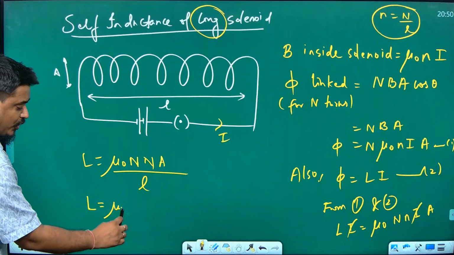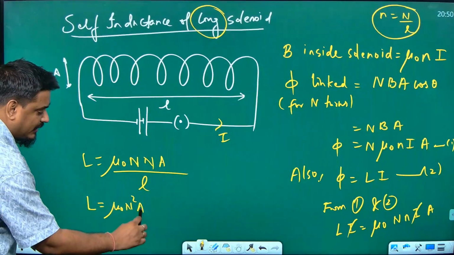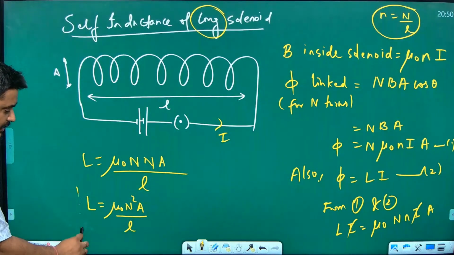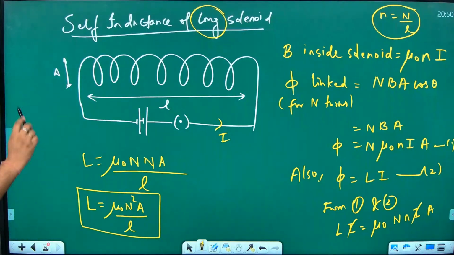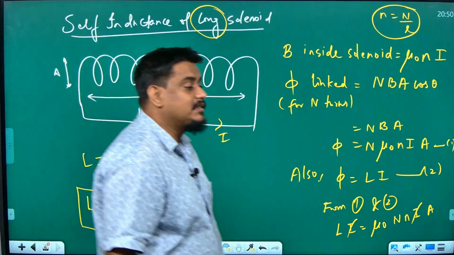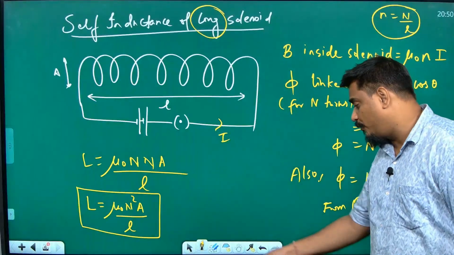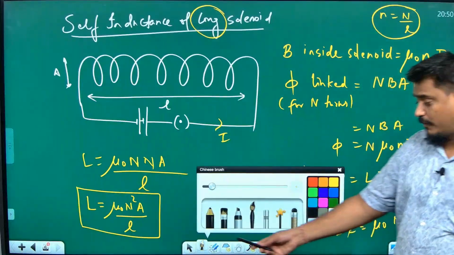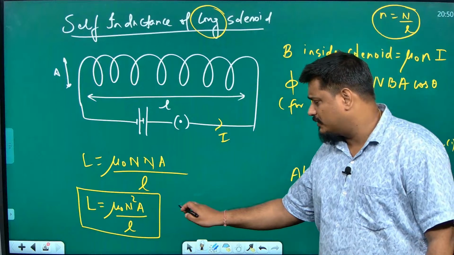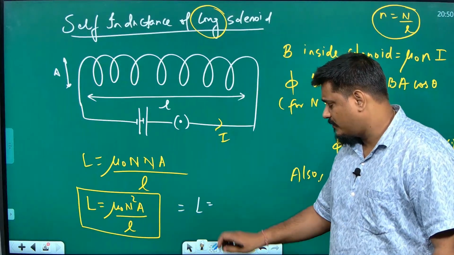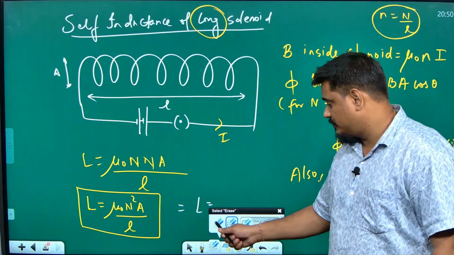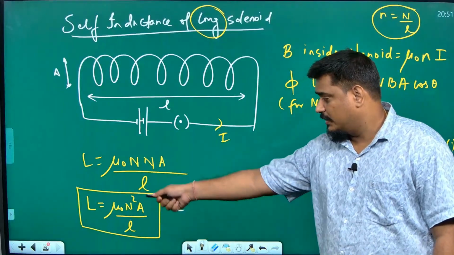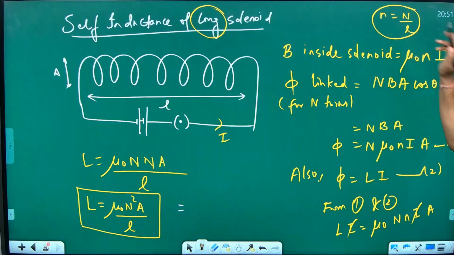The value is mu naught N square A by l. If somebody says, I want to write the answer in terms of number of turns per unit length and not number of turns, yeah, you can write, because we know that N is equal to n into l, right?